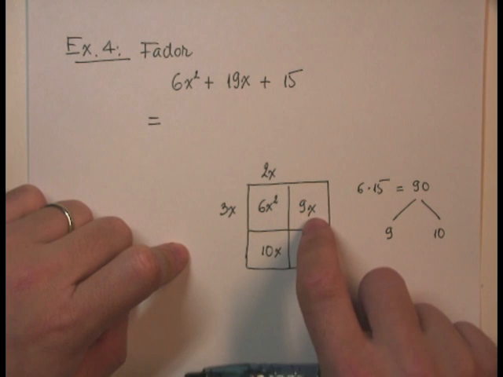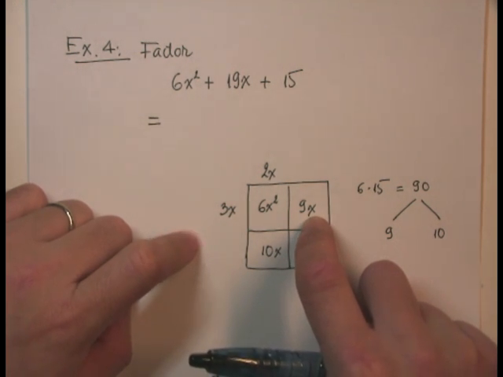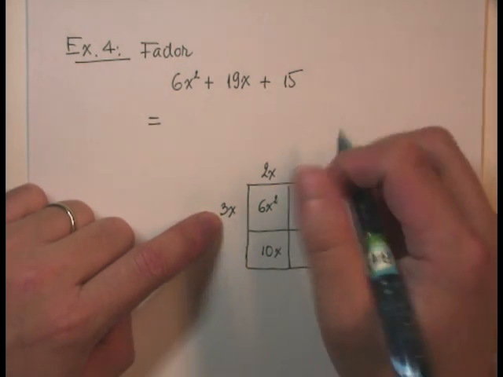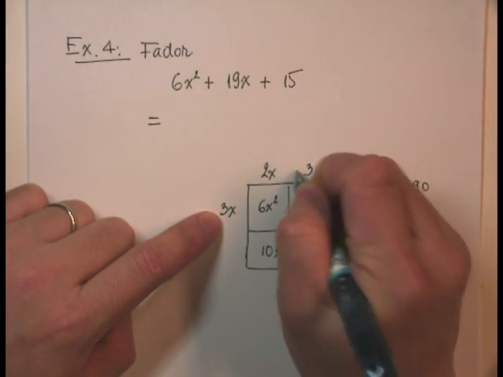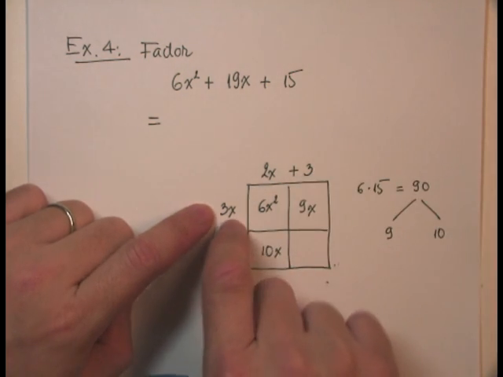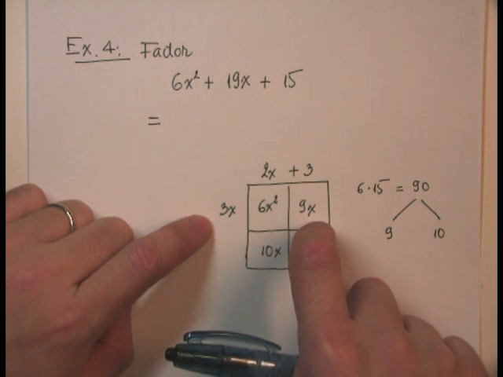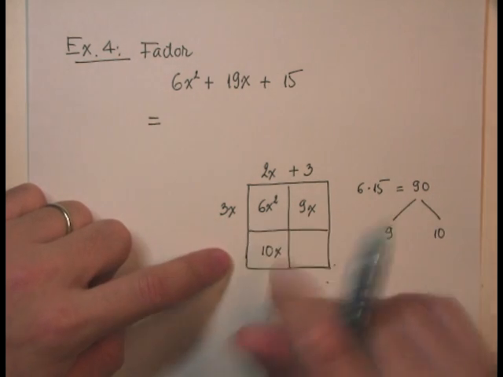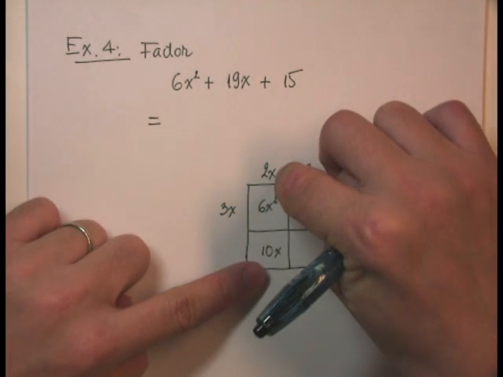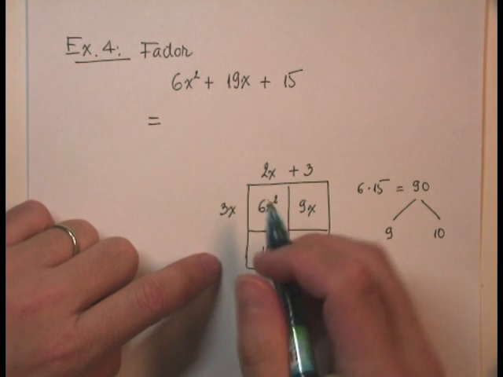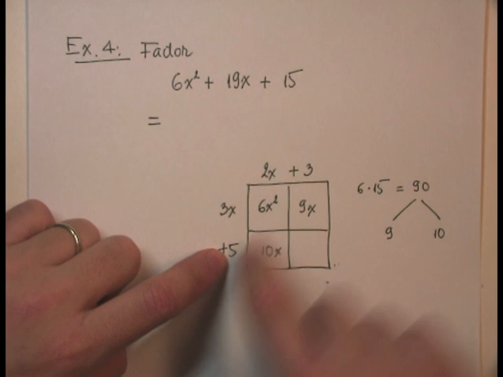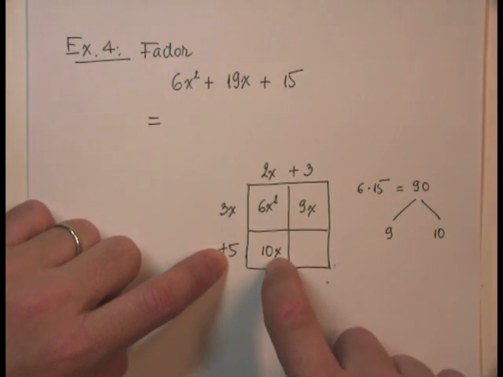Then looking over to the next entry in the same row, 9x has 3x as one factor, and the other factor has to be positive 3, because positive 3 times 3x equals 9x. The last one is the bottom entry, 10x. One factor of 10x is 2x, so the other factor has to be positive 5, because positive 5 times 2x equals 10x.